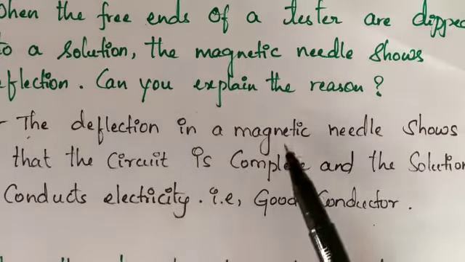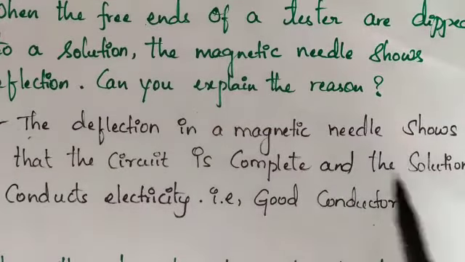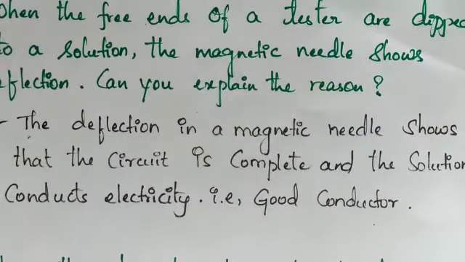The deflection in the magnetic needle shows that the circuit is complete and the solution is conducting electricity. There are two conditions for a substance to conduct electricity. One, the substance should be a good conductor of electricity. Second, the circuit should be complete, that means the wires should be tightly connected.